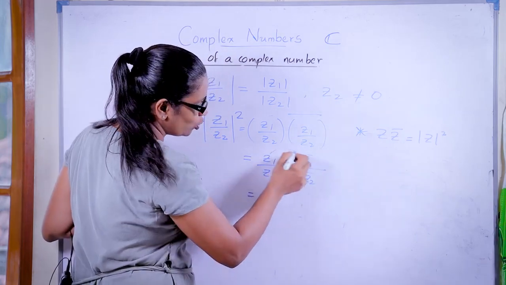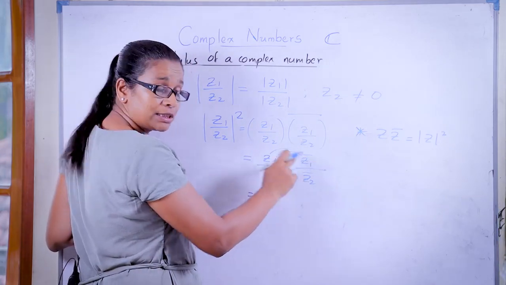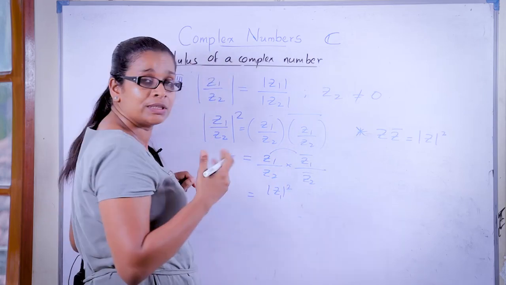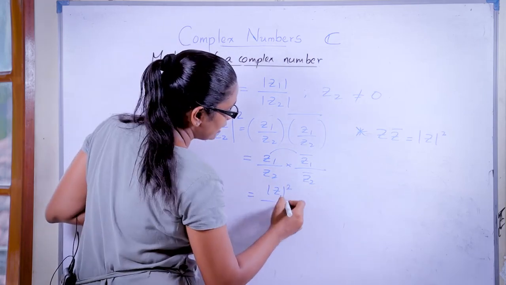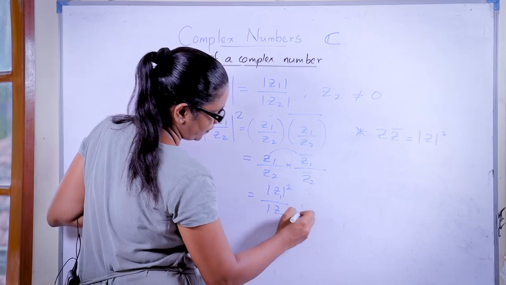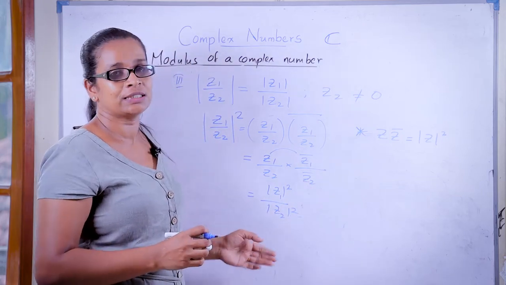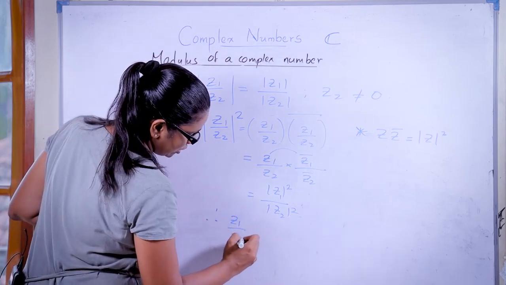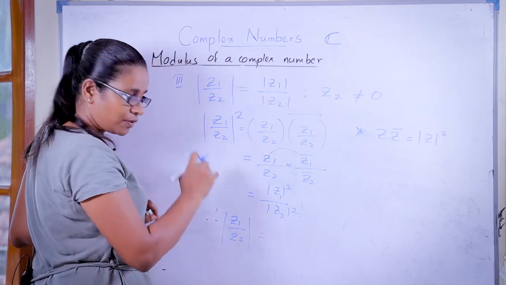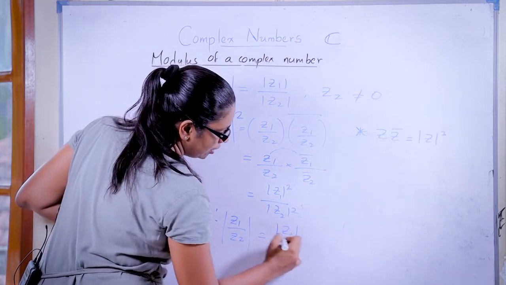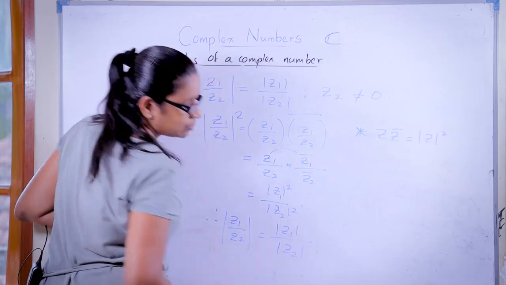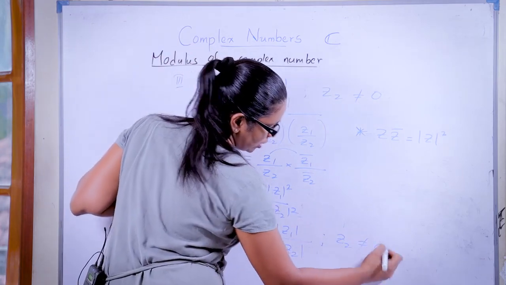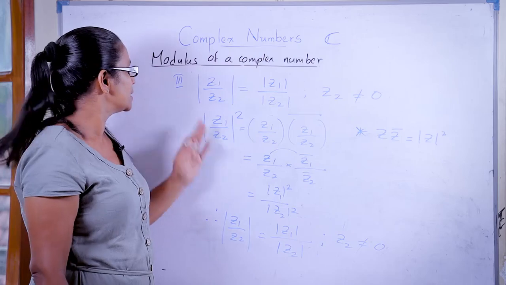If you consider the numerator terms together, z1 into z1 bar means the square of the modulus of z1, and in the denominator again the square of the modulus of the second complex number. So you can write the modulus of z1 divided by z2 equals the division of the moduli of the complex numbers. For this, z2 should not equal 0. This is your third theory.